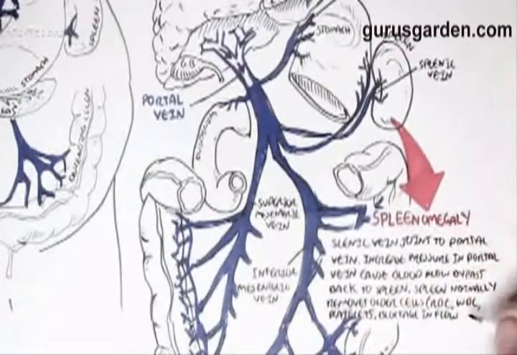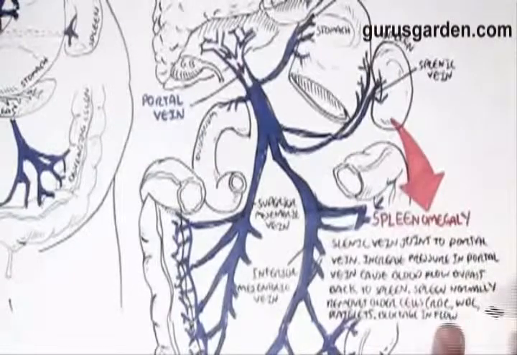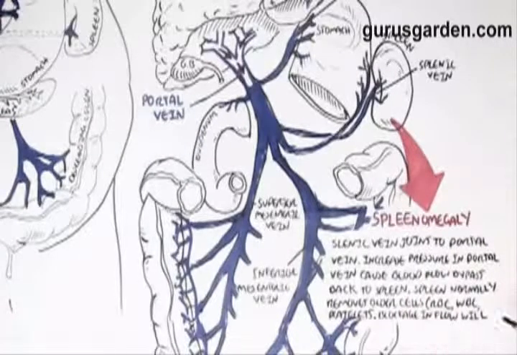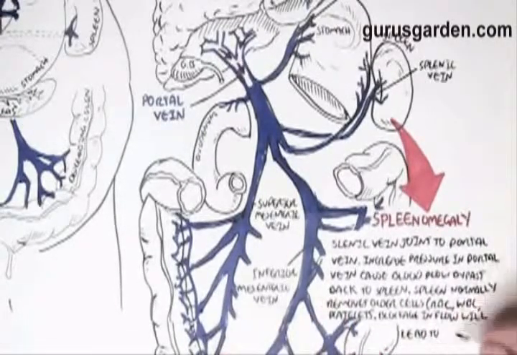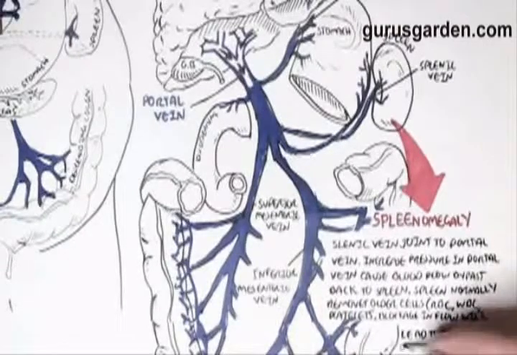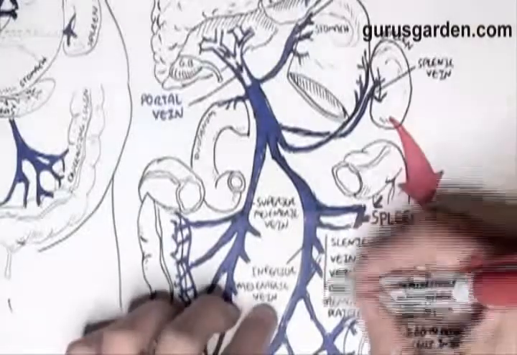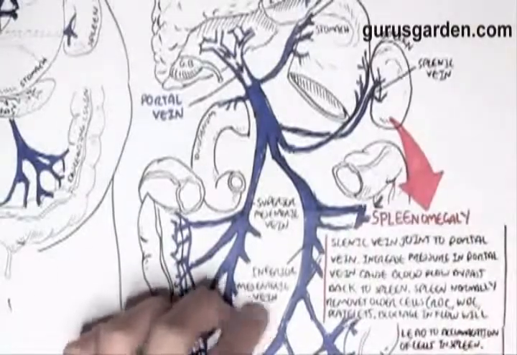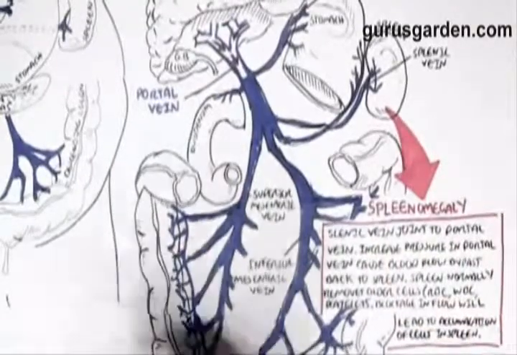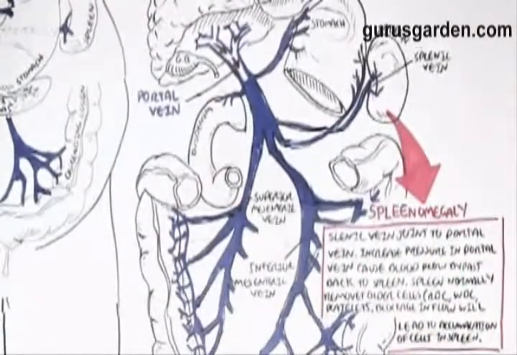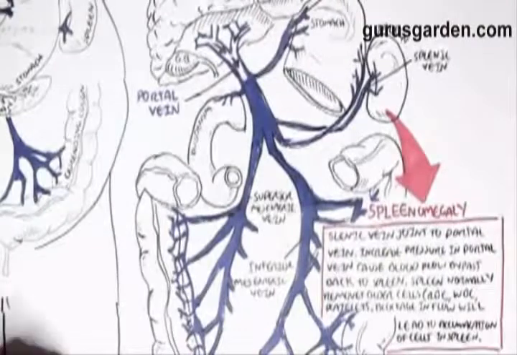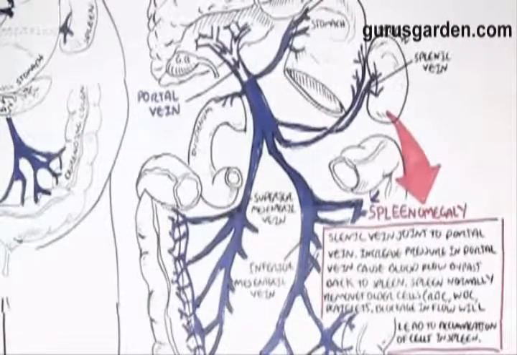Because remember, we have all this blood flowing from all these organs back to the liver. So if we have an obstruction of the portal hypertension, the blood will flow backwards and cause an increase in pressure in different tissues around the abdominal region. This can cause a condition known as ascites, when we have fluid leaking out of the capillaries due to the buildup of pressure in the portal vein.